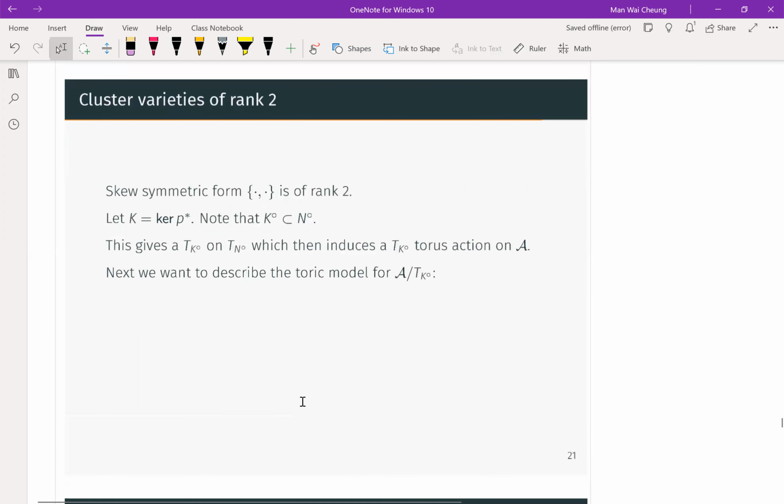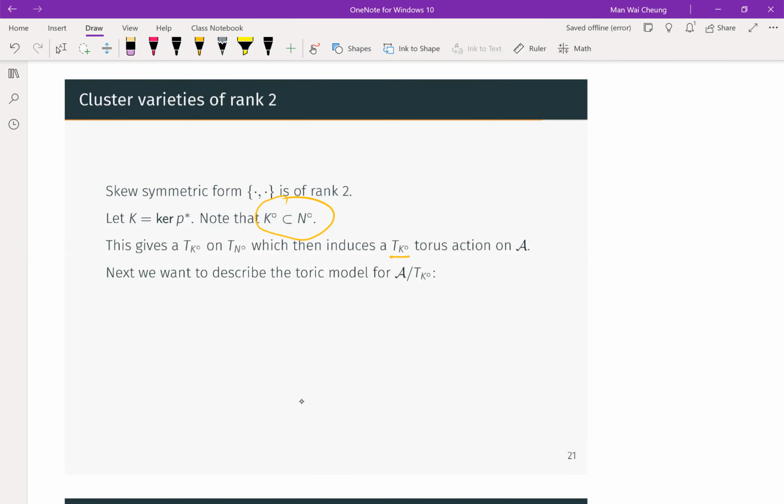And then the kernel, because it's embedded in the lattice, will give a torus action on our bigger torus that will induce this T_K sub-action first on each torus, but then the torus action commutes with the mutation. So it gives the torus action on the cluster varieties.